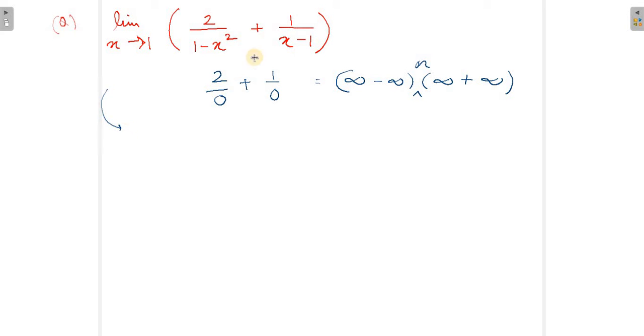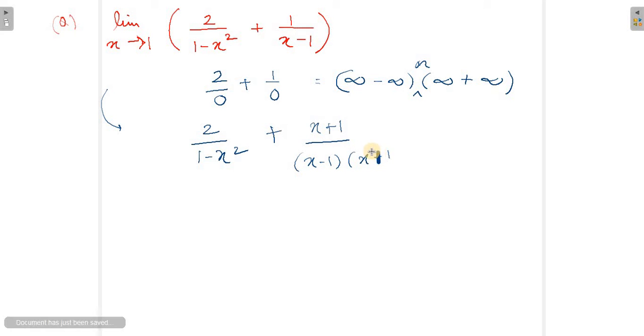First of all, we will keep this one as it is and multiply x plus 1 on both the numerator and denominator of the other one, so that the denominator becomes the same and it is easy to take the LCM of both the factors.